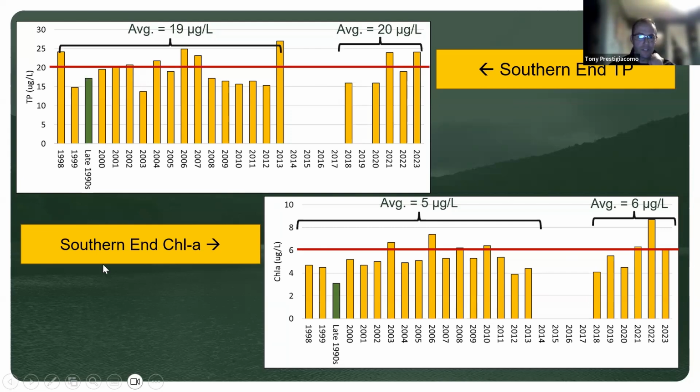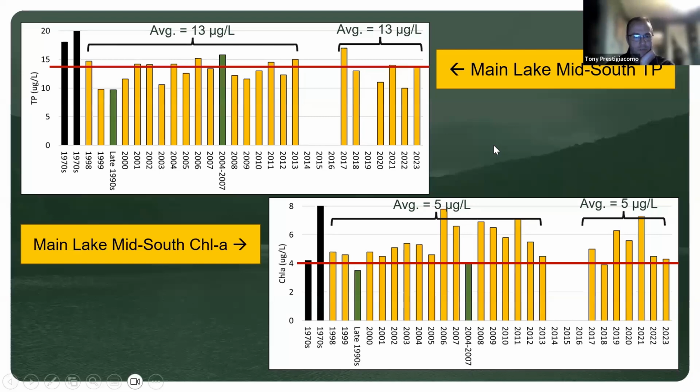Obviously, you're aware of the draft nutrient criteria that are out for flowing waters and ponded waters now. So those red lines will shift depending on which values end up making final cuts. But being very data rich, in the main Lake Mid-South segment, we have data back from the 70s in various reports. So we're able to see what's happening with Cayuga Lake over time, which is important for context and progress.